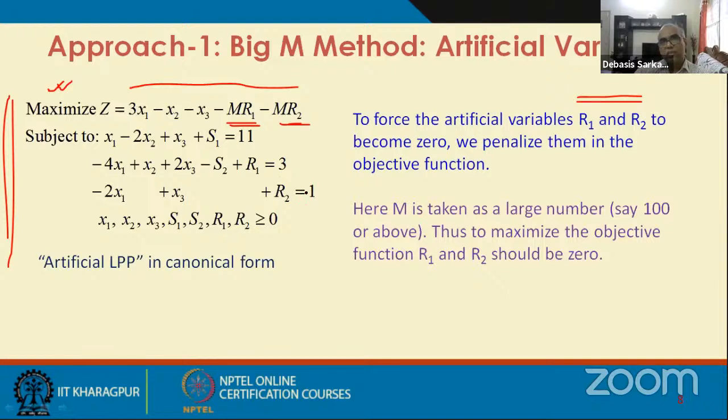So note this: for a maximization problem, if I take the objective function like shown, so that the presence of R1 and R2 is penalized, the optimizer will force R1 and R2 to be equal to 0, so that this Z becomes maximum.